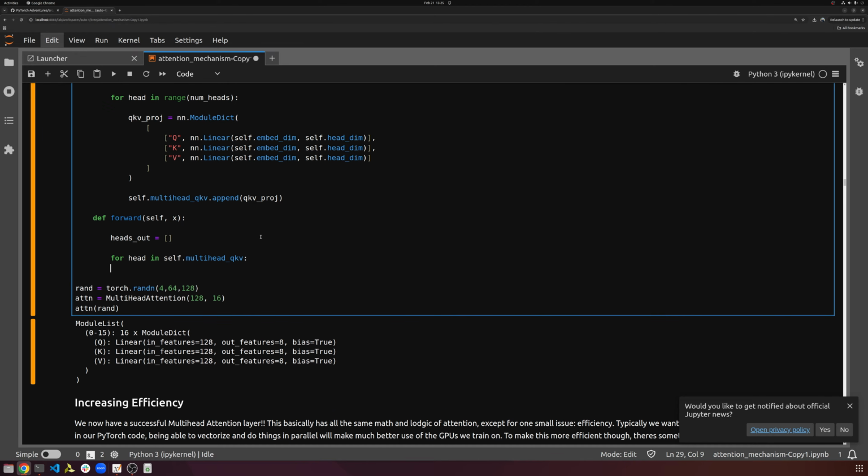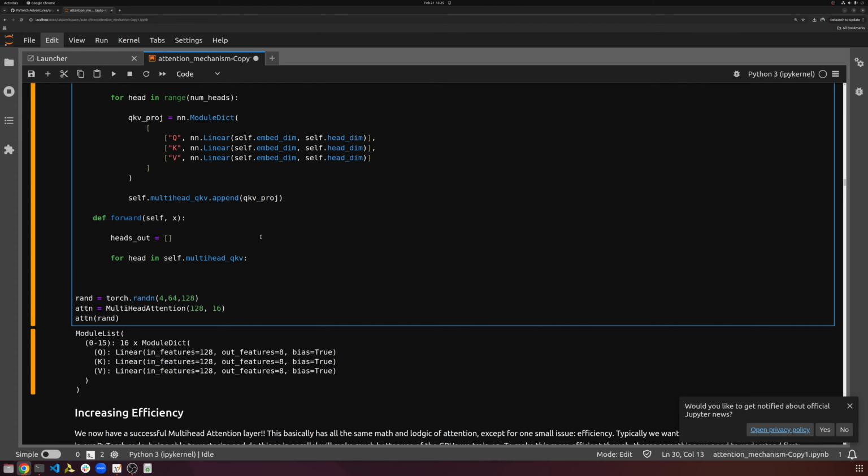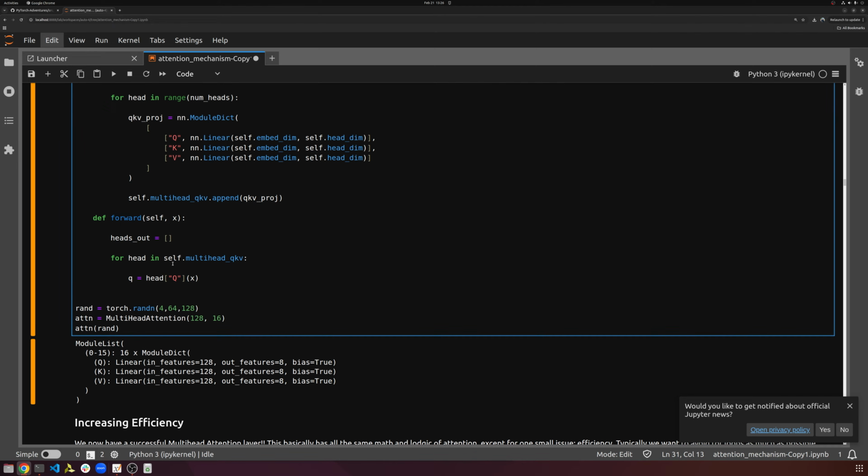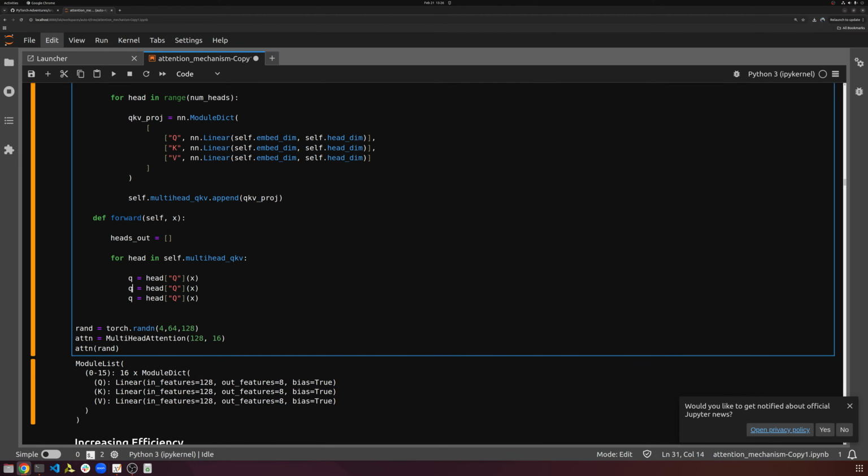So we're going to loop through our module list, providing each head, and Q is going to be head, and just like we index a dictionary, right, we're going to pass x through our Q, and then we're going to have a K, we're going to have a V.